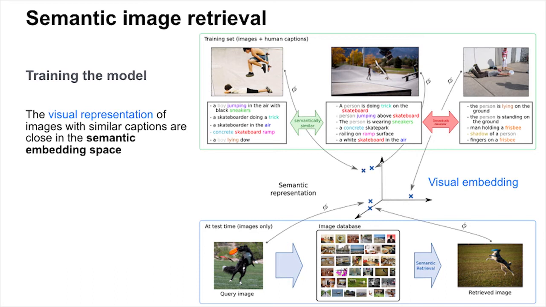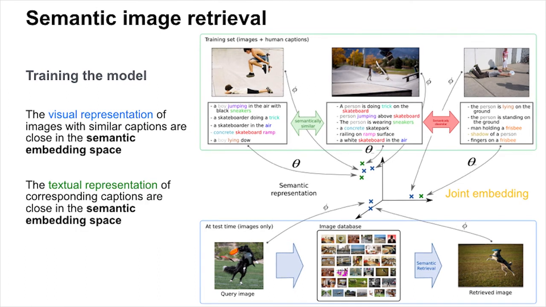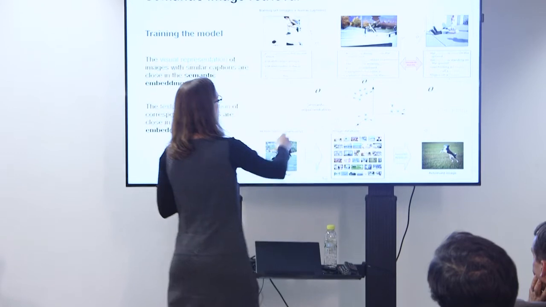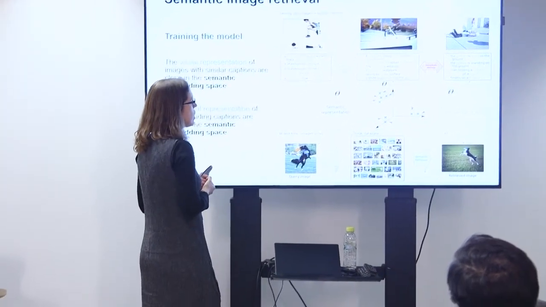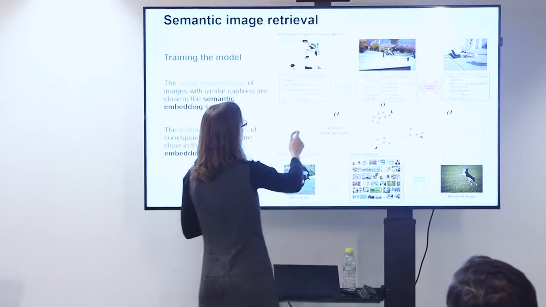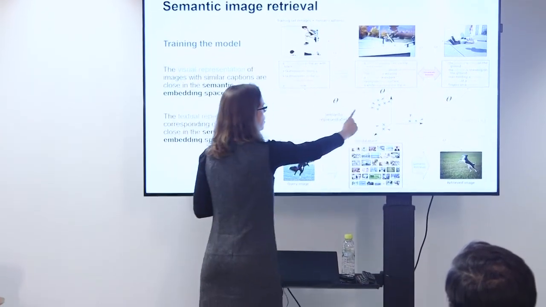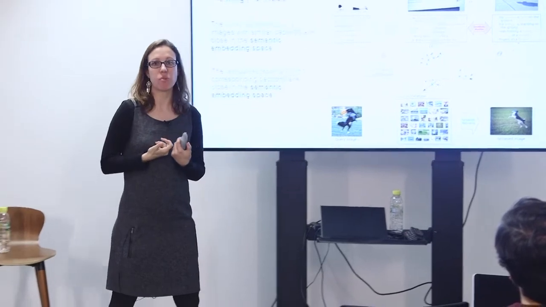But maybe we can use the text even better. We have text only at train time, but we could also try to embed the text. So we're going to try to build a joint embedding for text and image, where we have this phi function that transforms an image into a vector in that embedding space. But we also learn a theta function that will transform the text into also an entity that lives in the same space.